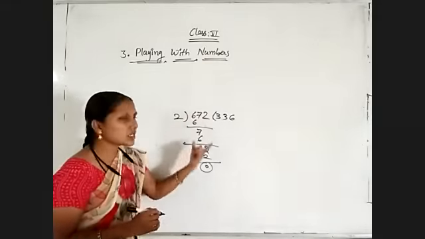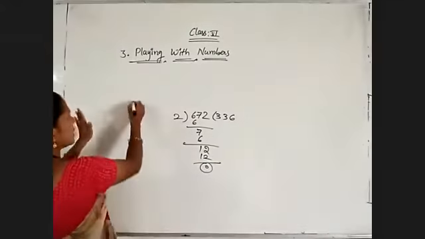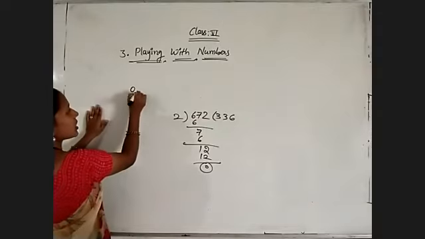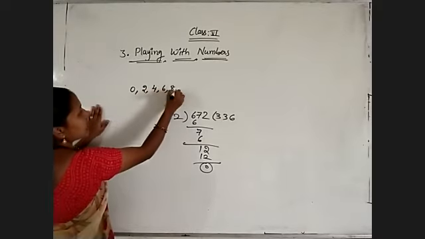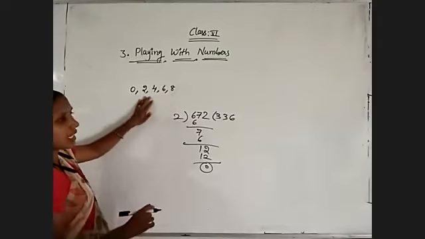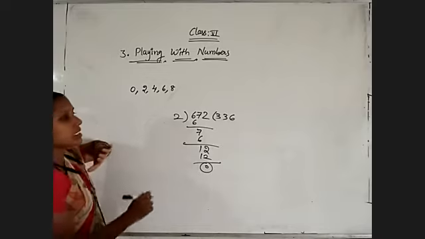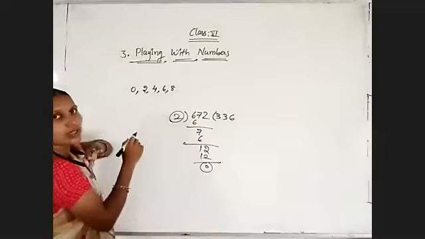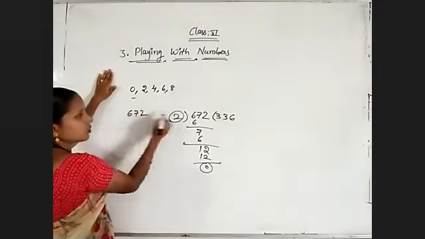So this one we can decide without doing this much process also. That means if a number has any of the digits 0, 2, 4, 6, 8 in the unit digit of the given number, such numbers are compulsorily divisible by 2. For suppose 672. Okay.